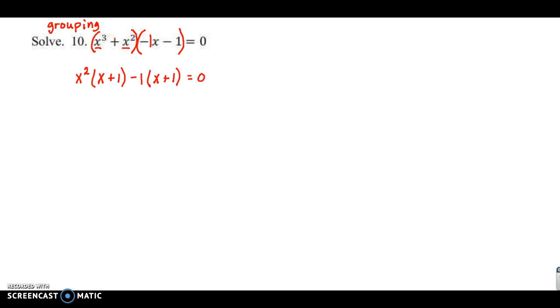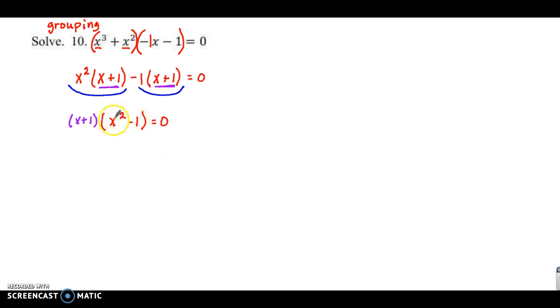So notice that gives me now 2 terms. Terms are things that are added or subtracted together. There's my 2 terms. Within those 2 terms, notice I have a common factor of x plus 1 in both of them. So I can factor out that x plus 1, and I will be left with, from this term, an x squared, and from this term a minus 1.